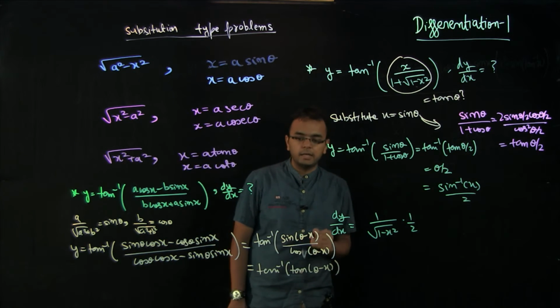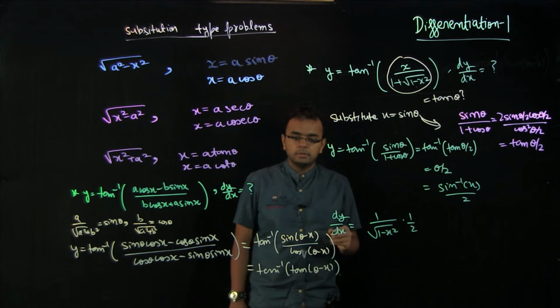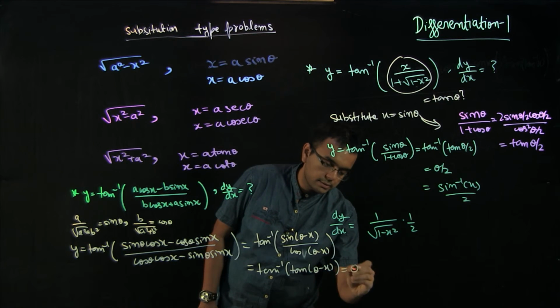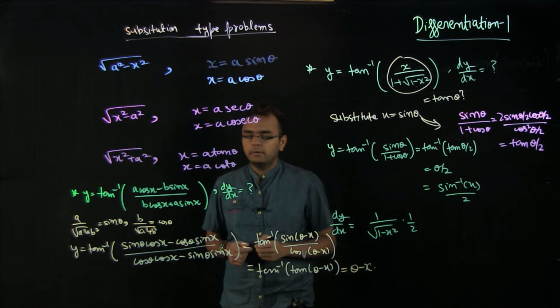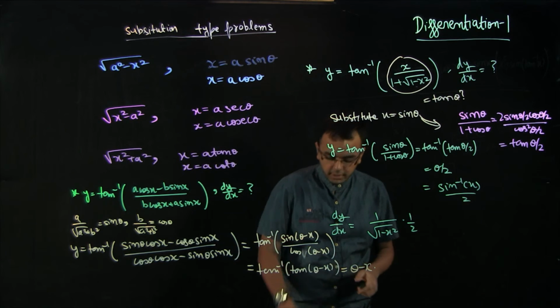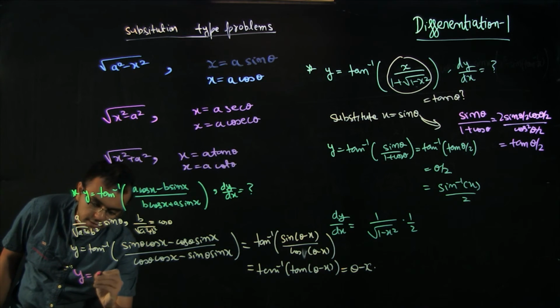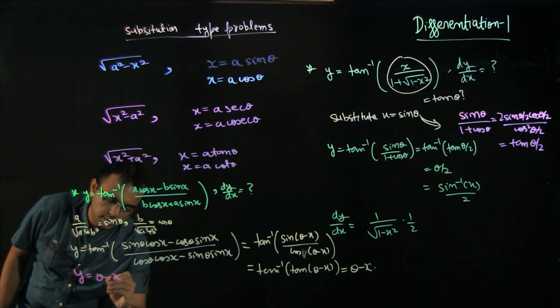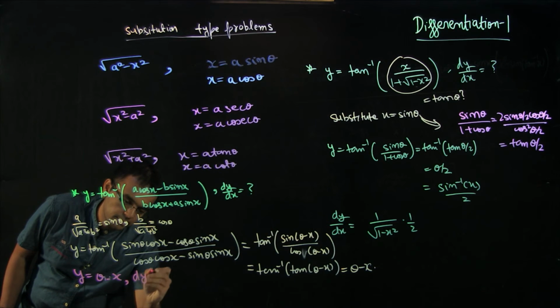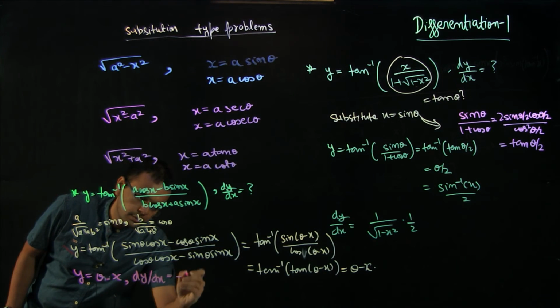We wanted to make it a tan, so then this will become theta minus x. So, y is theta minus x, and dy by dx is simply minus 1.